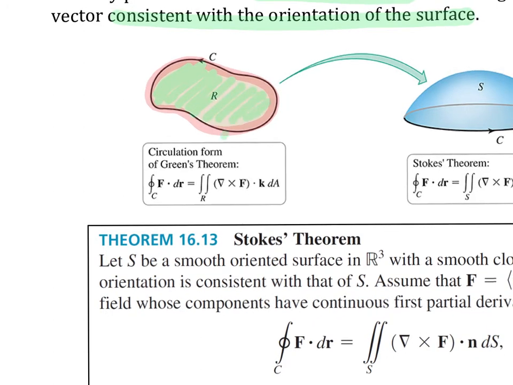Now at every point in that region, since this region is in the xy plane, I can find a vector orthogonal at any point in that region that's going to be parallel to the z-axis. So let's just look at that as being some vector parallel to the k vector, which is 0, 0, 1.